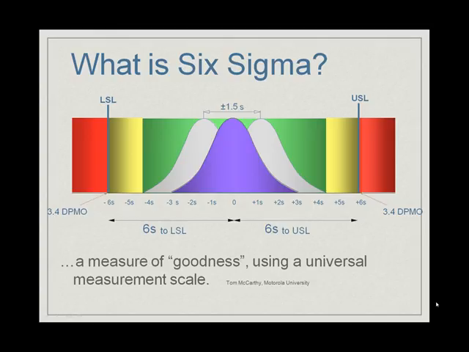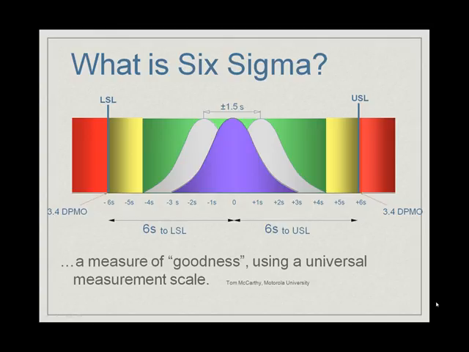So what they decided is that all processes should be measured in the short term and then expected to have 1.5 sigma variation on top of that over the long term, because there's always some variation there. So that's not a critical point, but it is part of the methodology of Six Sigma and how we get to 3.4 parts per million opportunities.